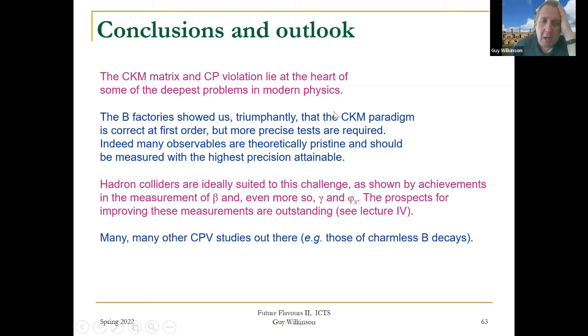Hadron colliders are ideally suited to this challenge, as shown in the measurement of beta, and even more so in terms of gamma and phi s. And the prospects for improving these measurements are outstanding. But there are many, many other CP violation studies out there. I encourage you to go and look them up. Thank you for your attention.